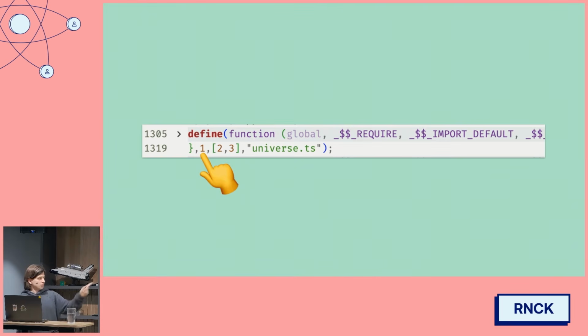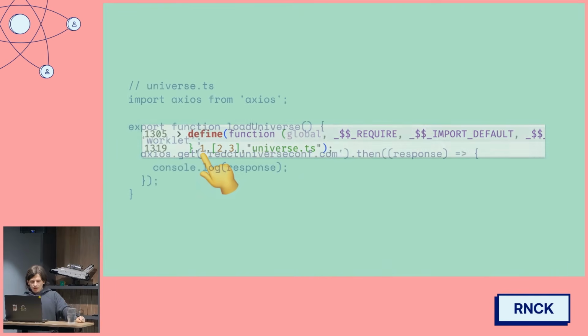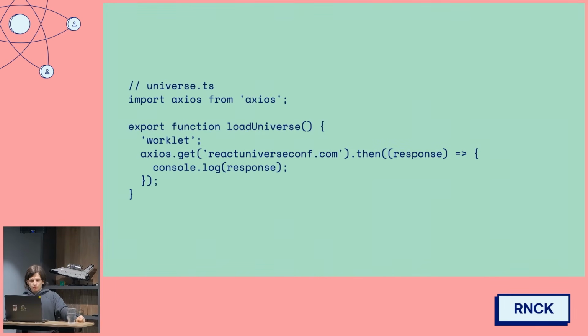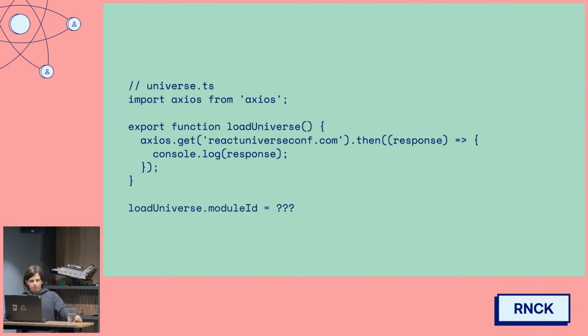But how do we obtain this number? Because this is in the bundle. We don't have it while we are writing the code. Well, turns out that actually there is a possibility to do that. So if we only could do the following transformation to add a module ID property to our load universe, we can call require.resolveWeak and then pass the name of the module.